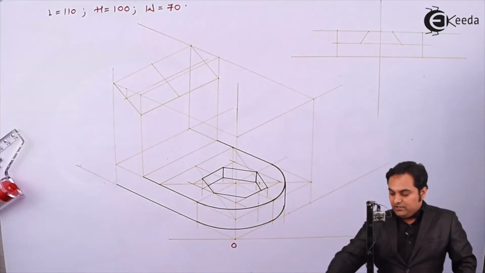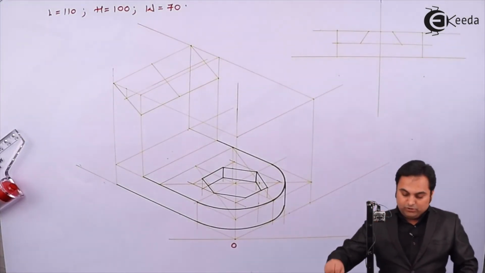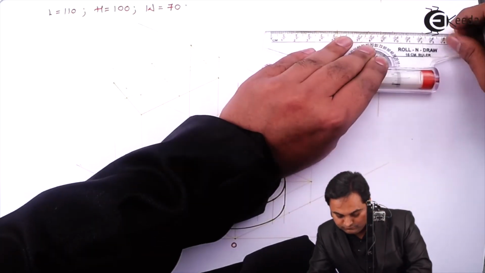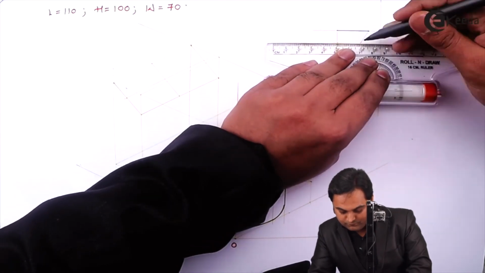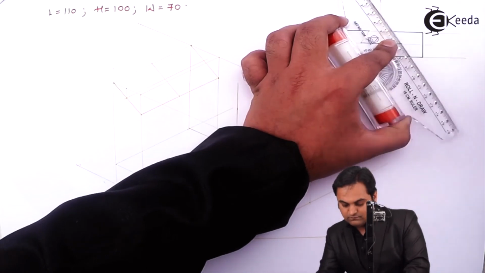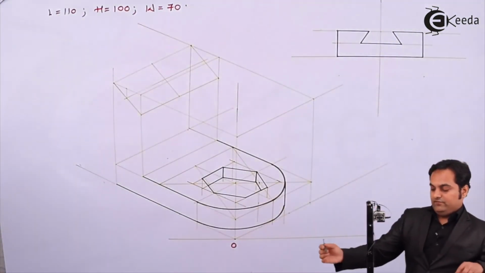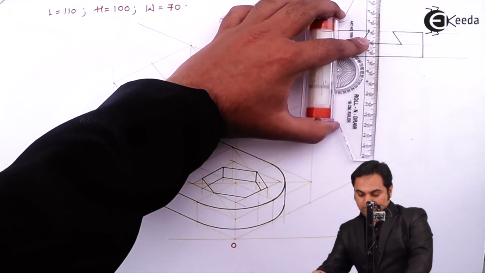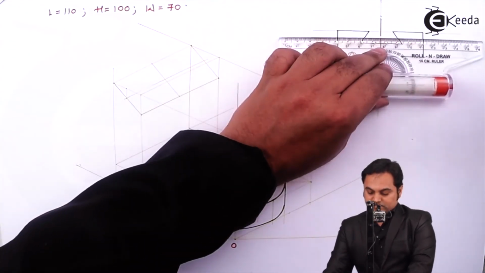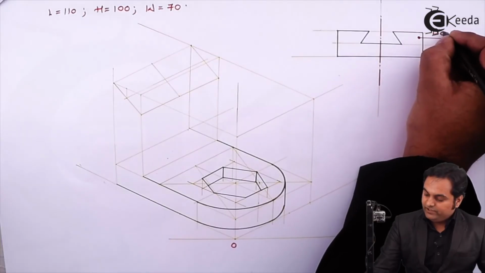I'll quickly make it dark and then copy it onto this drawing. Now this surface, and here I'll mark its center. This surface is also called as dovetail.